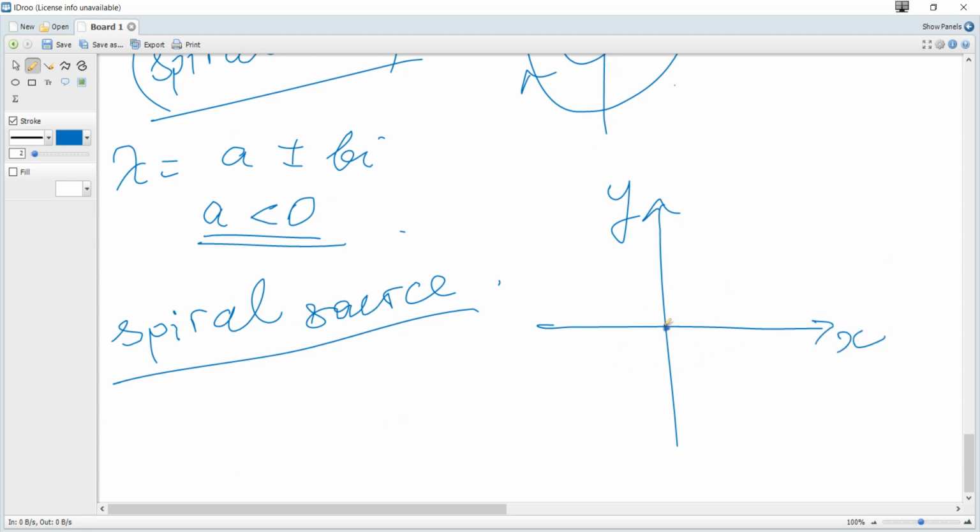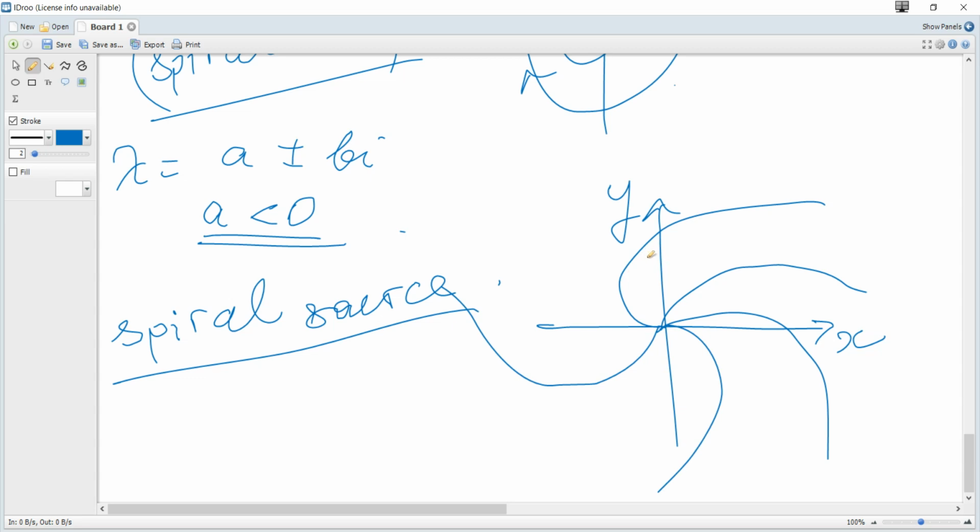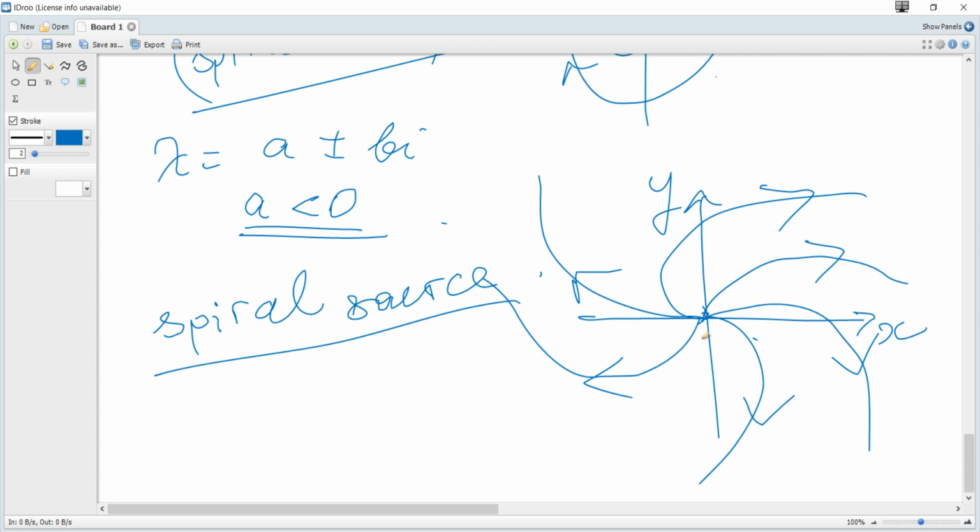It starts from the origin and goes away, not turning back to the origin. Something like this. And away from the origin because the system is unstable. And that's all for this question.